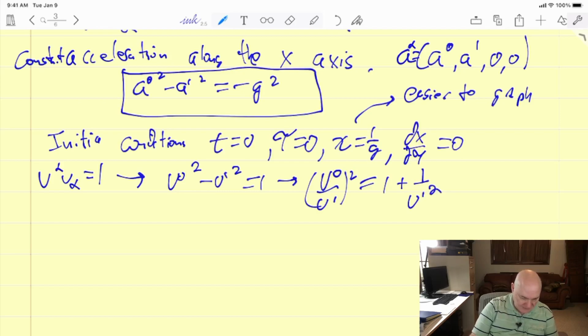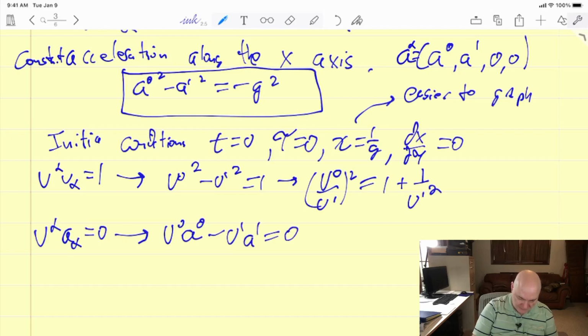Okay. Now my next equation is u alpha a alpha equals 0. That implies u0 a0 minus u1 a1 equals 0. Okay. And then I have a alpha a alpha equal minus g squared. This implies a0 squared minus a1 squared equal minus g squared.